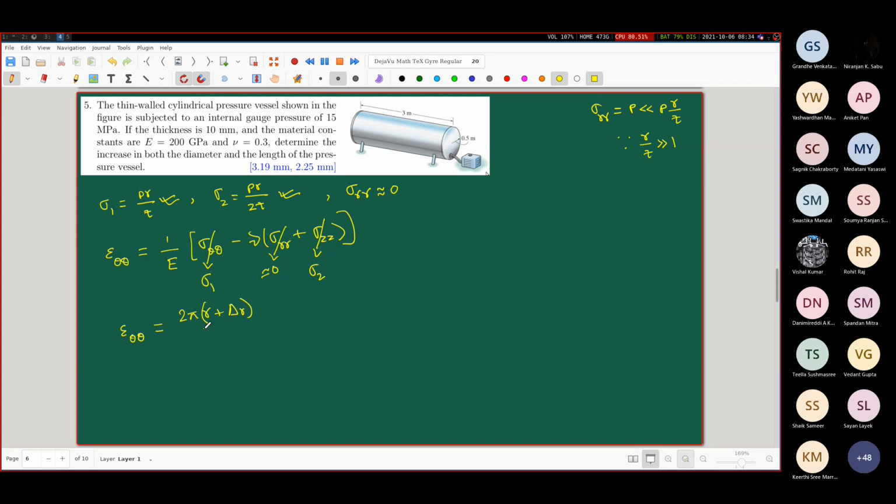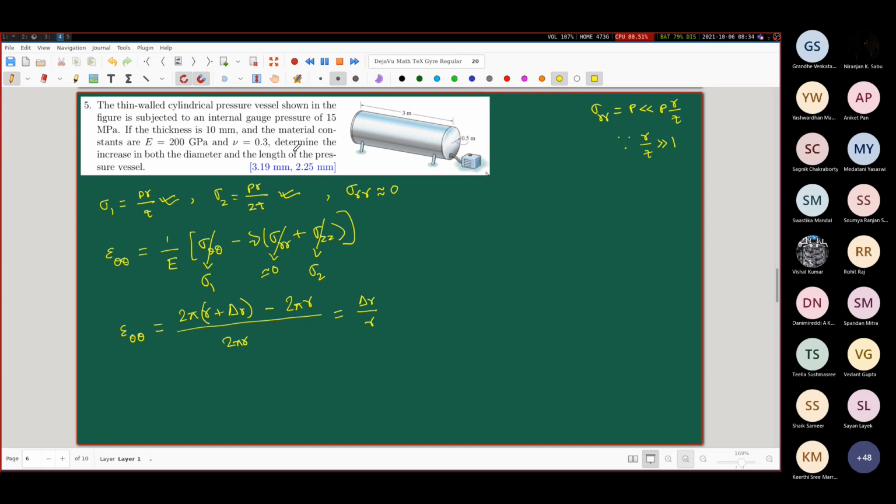This is the new circumference, minus the old circumference, 2 pi R, divided by the old circumference. So see, again I am utilizing your high school formula: new length minus old length divided by old length. So this is coming out as delta R by R.